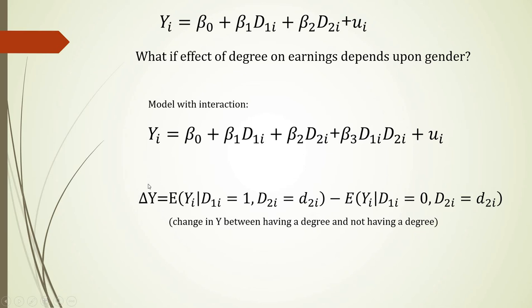So the change of income for someone with a college degree depends upon gender. On the other side, if someone doesn't have a degree, his income also depends upon his gender.